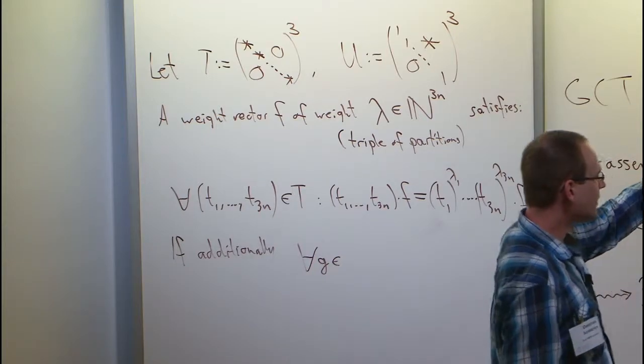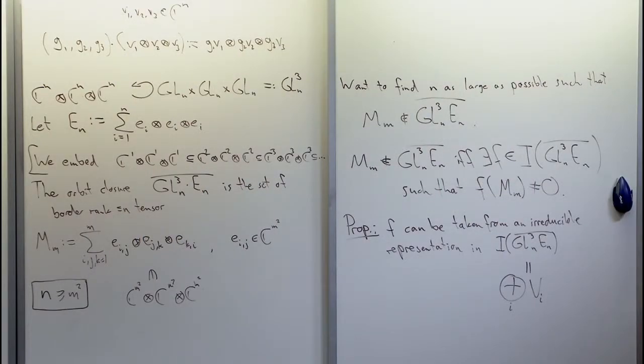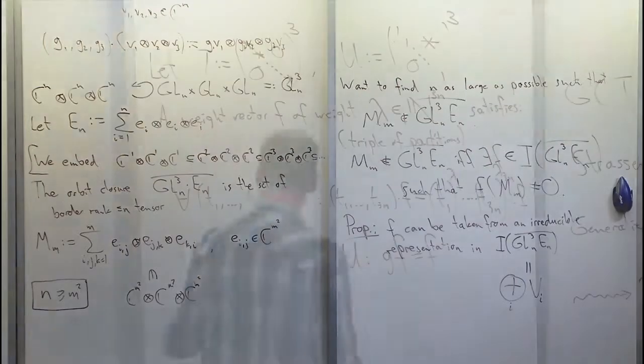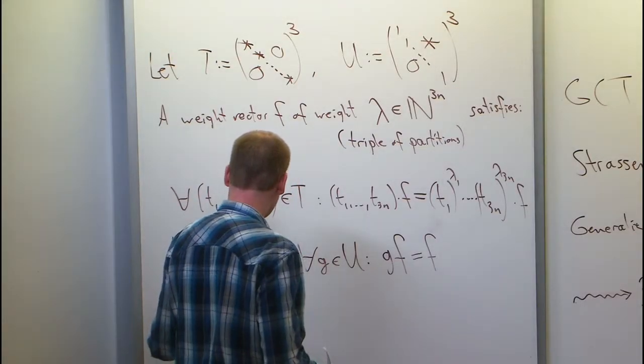You can always replace the inverse with the transpose and everything works, and you always have natural numbers. So for all group elements in U, you want your F to be fixed under all these operations. If additionally this holds, we call F a highest weight vector.